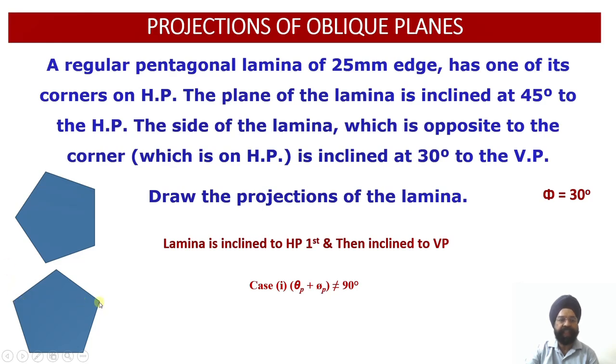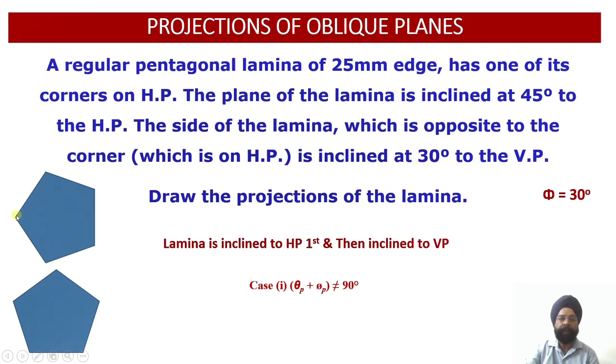It was already there in this case also, but still this particular edge will be parallel to the horizontal plane. So in the apparent shape obtained after inclination of this lamina at an angle of 45 degree to the horizontal plane, this edge will still be parallel to the horizontal plane, and we will get the true length of this edge, whereas the other four edges will be foreshortened or reduced.